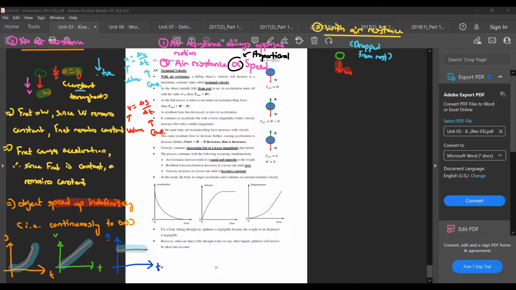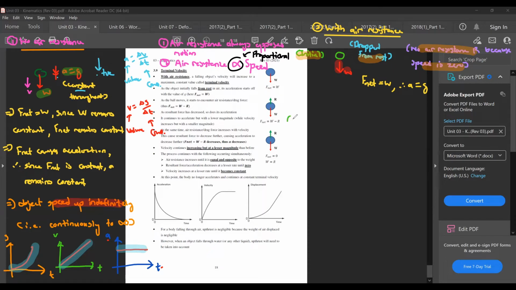There is no air resistance R, because speed is 0 here as you're dropped from rest. The thing I want to draw your attention to is that F net here equals W, therefore acceleration equals g. This is what we understand.